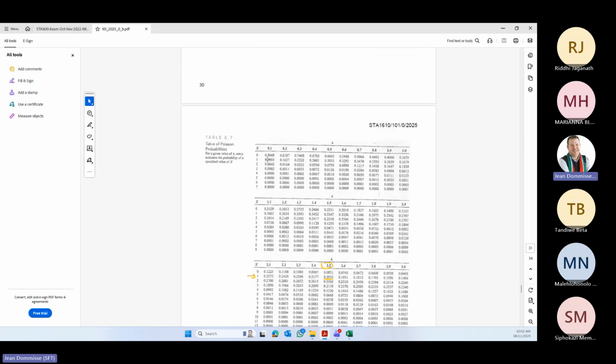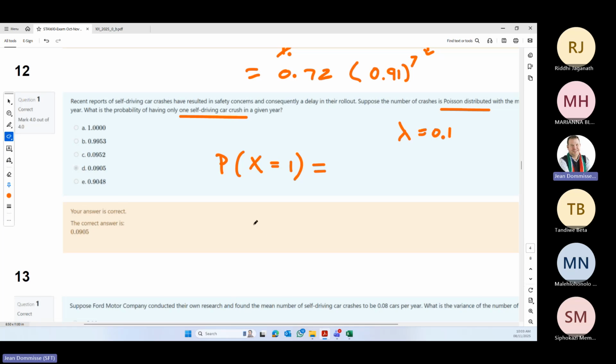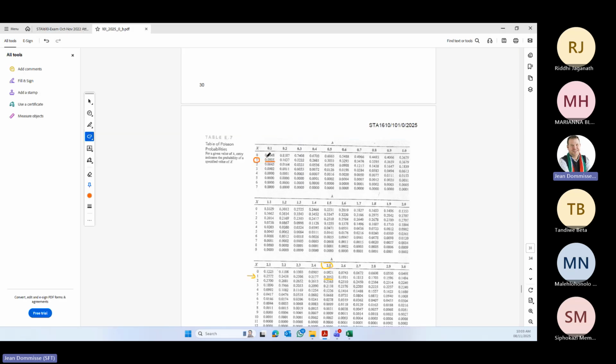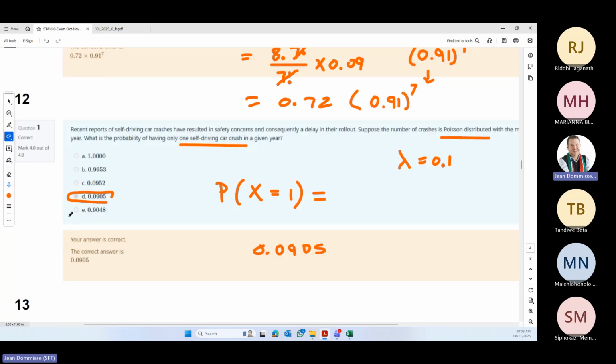For 0.1, only one is 0.0905. Look, if X was less than or equal to 1, there would have been an answer for you as well.